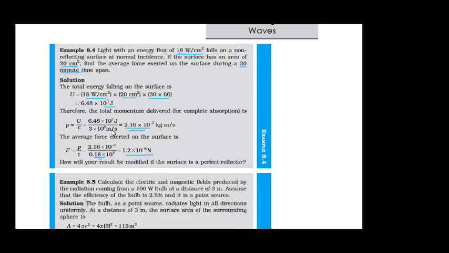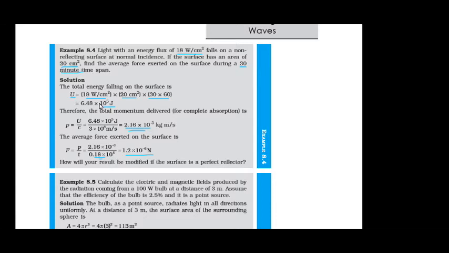So again, let us review it. First we find out the total energy. So we'll multiply energy flux into area into time. So we get the total energy. Now you have to find the momentum. So momentum is equal to total energy upon C. We got the momentum after calculating.